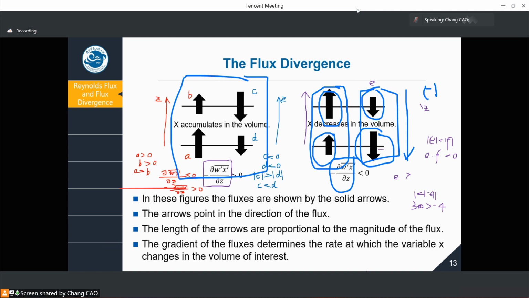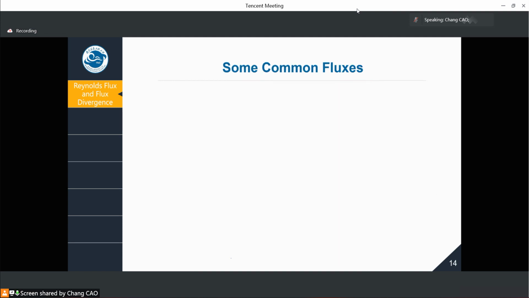Okay, then let's go to some common conventions about common fluxes, since we already encountered w prime x prime or v prime w prime. So what does this really mean? I will tell you one by one. Firstly, next time when you see this kind of format, it means x momentum flux.